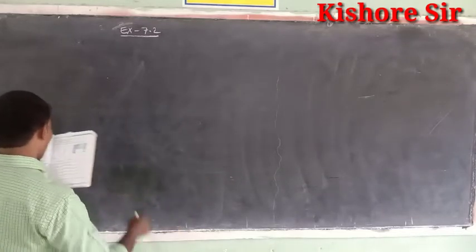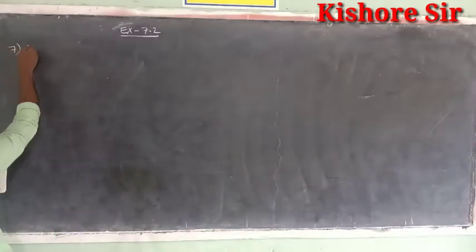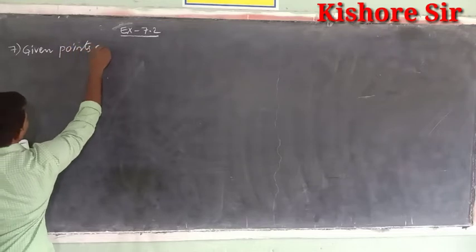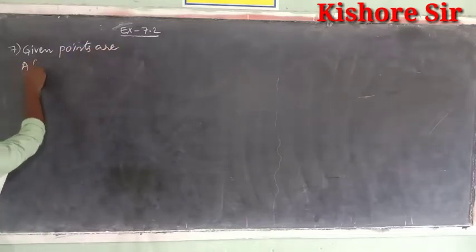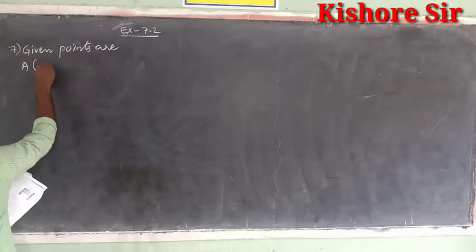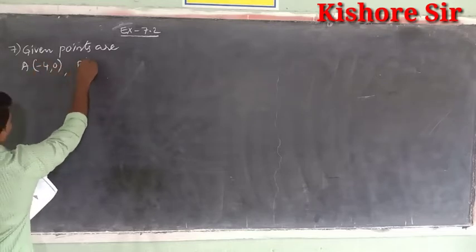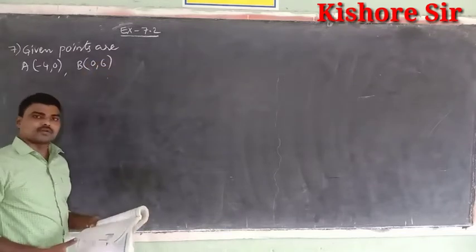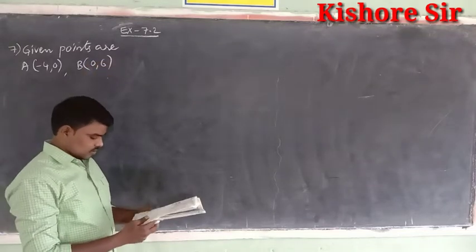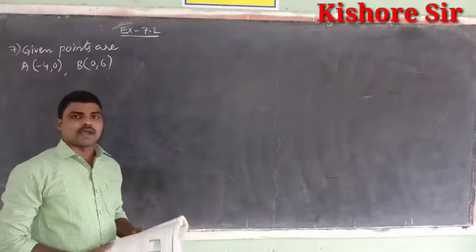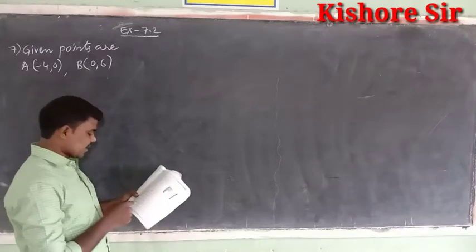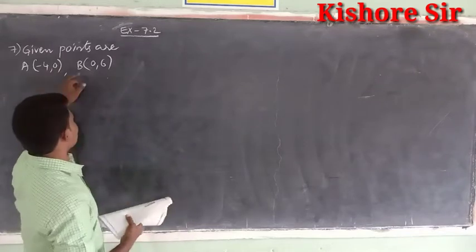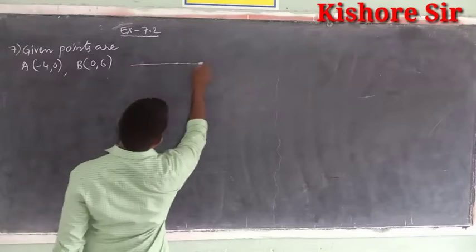First, the given points are A(-4, 0) and B(0, 6). These are the 2 given points. What is the question? Find the coordinates of the points which divide the line segment joining these 2 points.